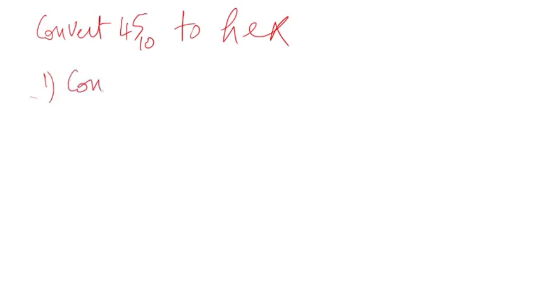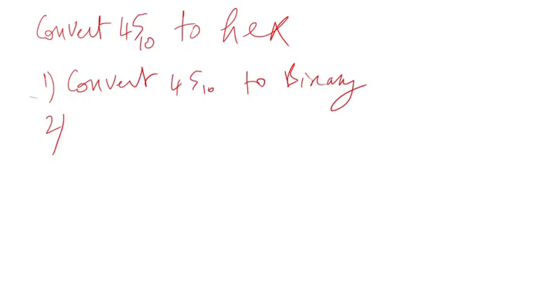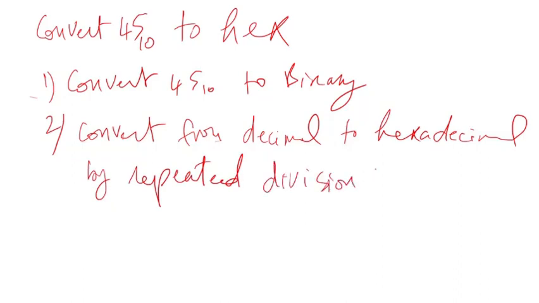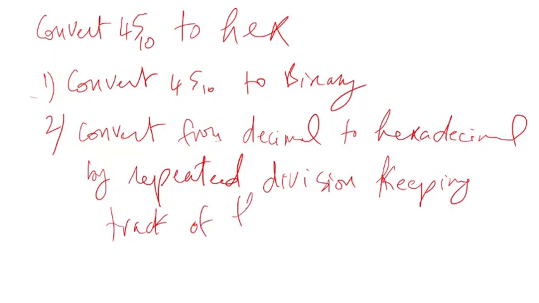You can convert 45 base 10 to binary first, then convert the binary to hex, or you can convert directly from decimal to hex, directly by repeated division, keeping track of the remainders.